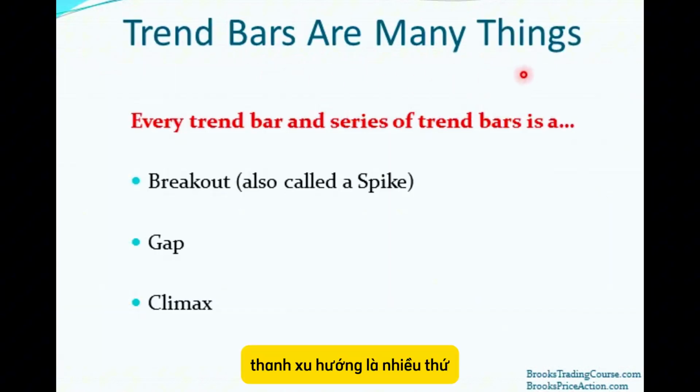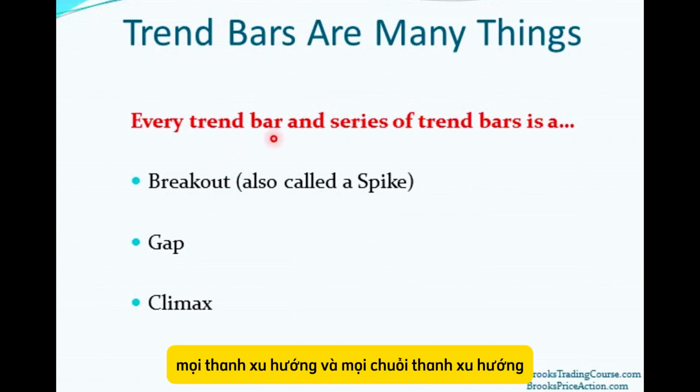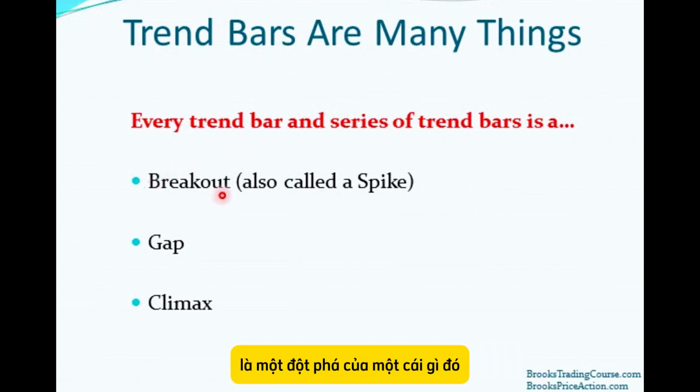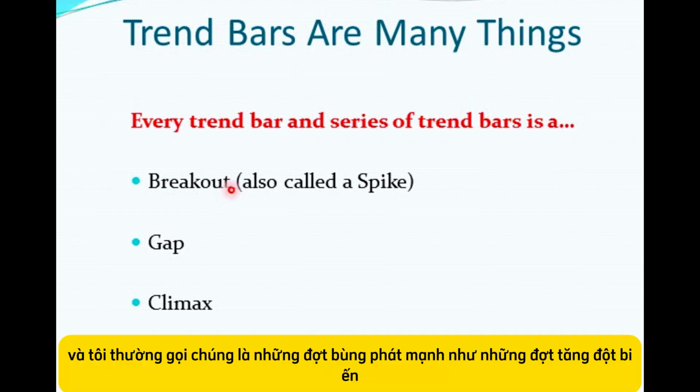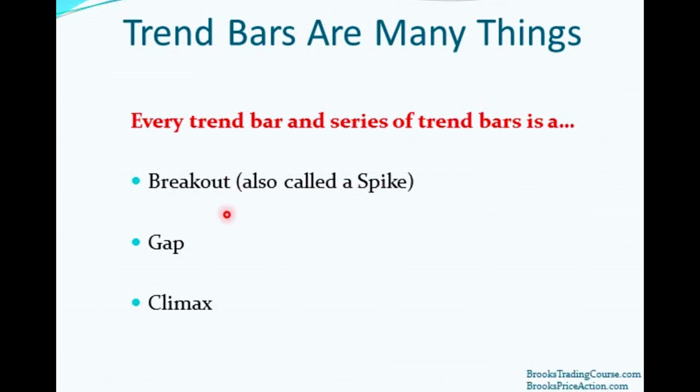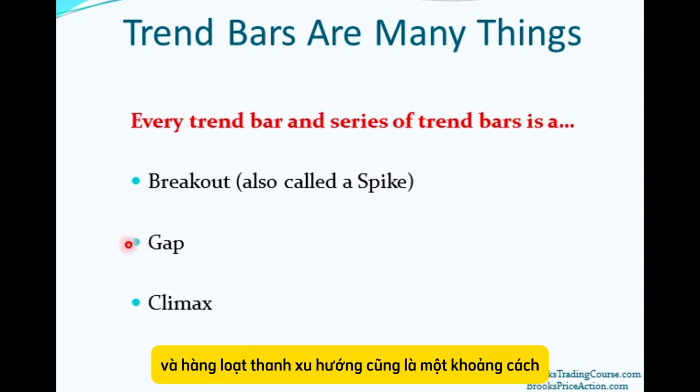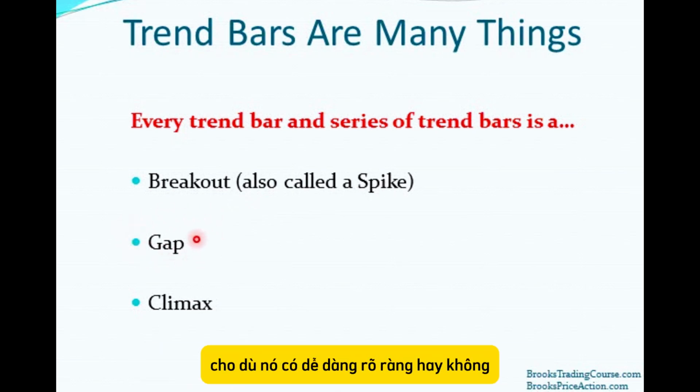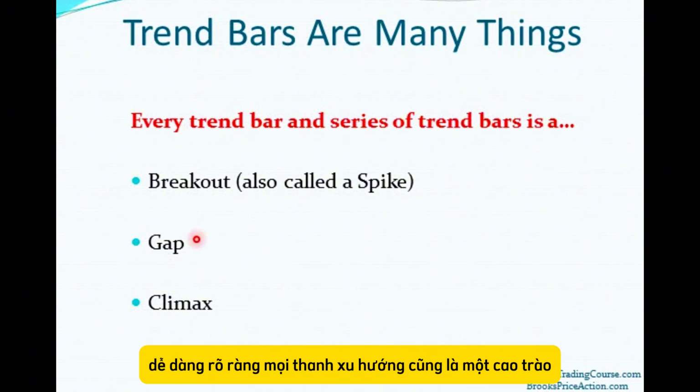Trend bars are many things. Every trend bar and every series of trend bars is a breakout of something. And I often refer to strong breakouts as spikes. But every trend bar and series of trend bars is also a gap, whether or not it is easily apparent. Every trend bar is also a climax.